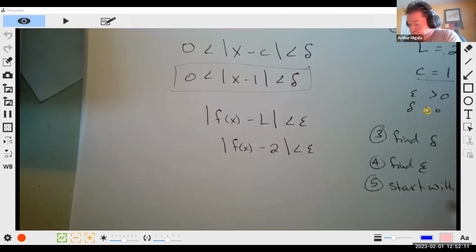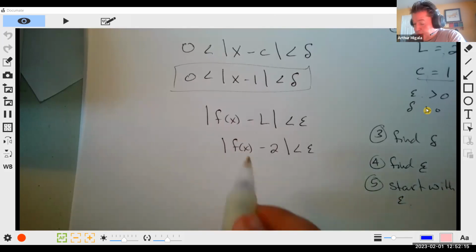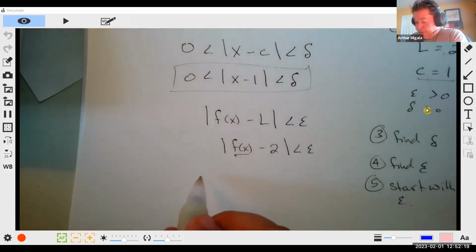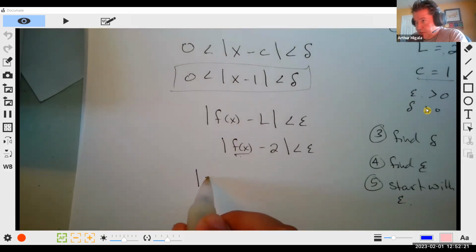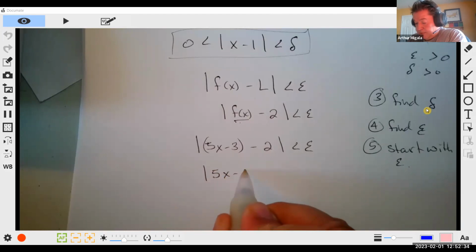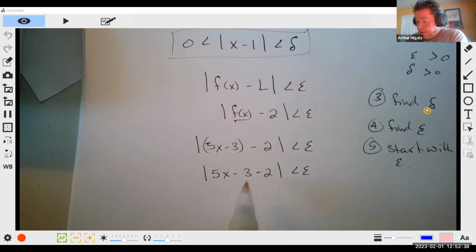Start with epsilon. Why do we start off with epsilon? Because we know most of the things about it. We know f of x is 5x minus 3, so we can simplify this. 5x minus 3 minus 2 inside absolute values.